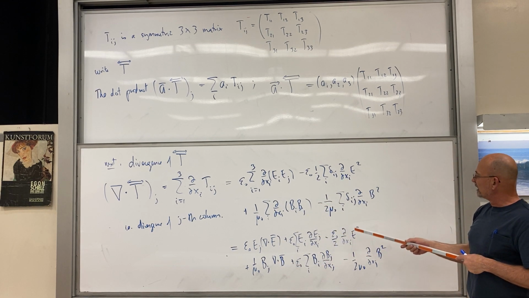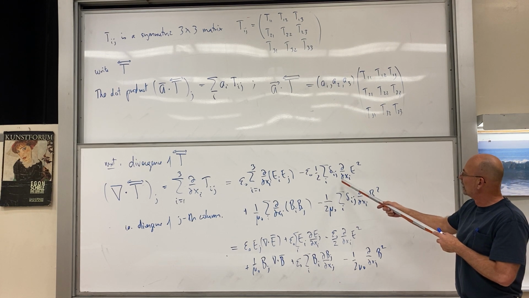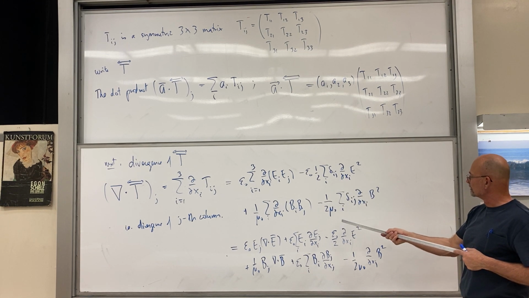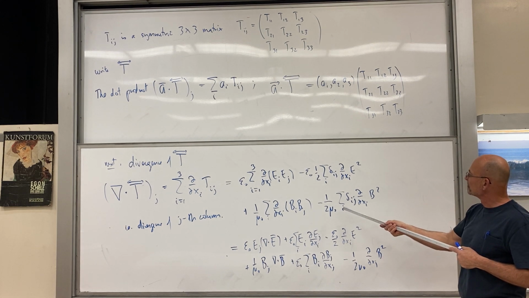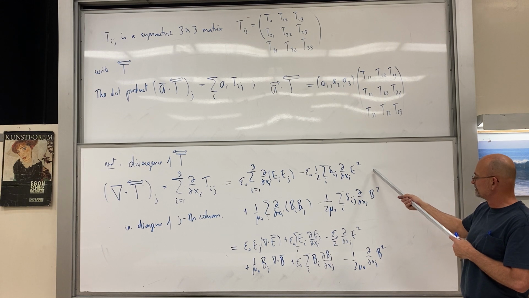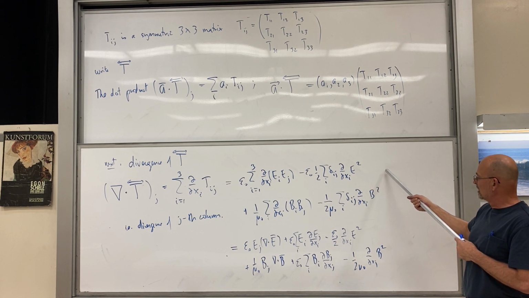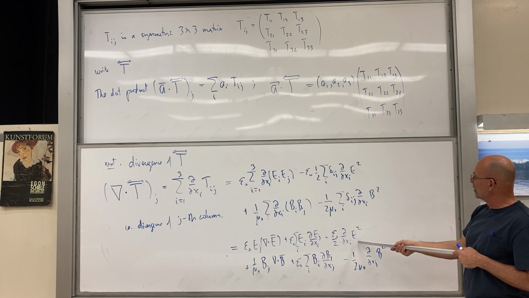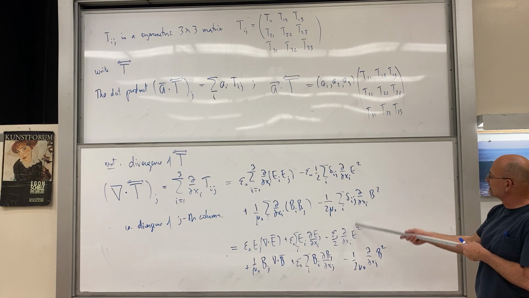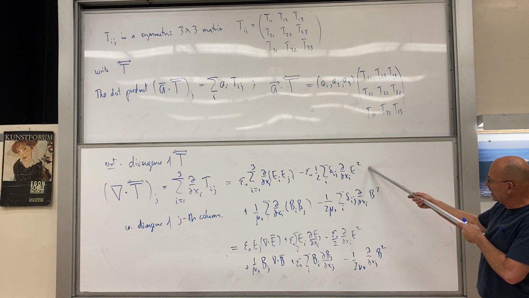Then we have the Kronecker delta term here. Yeah, and that's a product rule. d dx of I E squared.